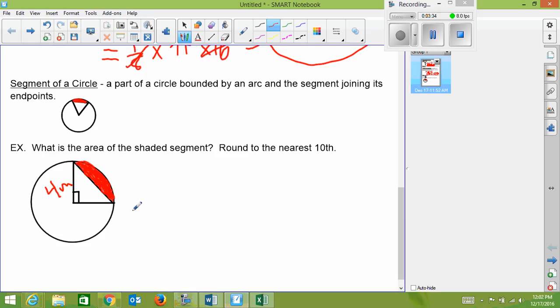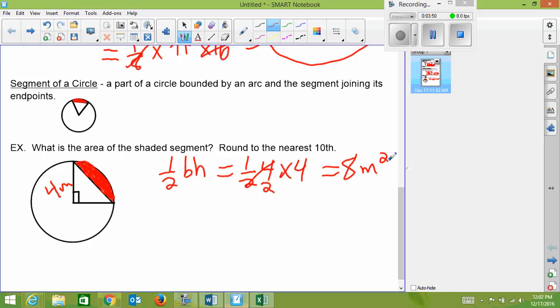Okay, so the area of a triangle I need to figure out first. It will be half of base times height, and since the radius is 4, it's just going to be half of 4 by 4. Half of 4 is 2. 2 times 4 is 8. So 8 square meters is the area of that triangle. That's the part I don't want to include because it's not shaded.